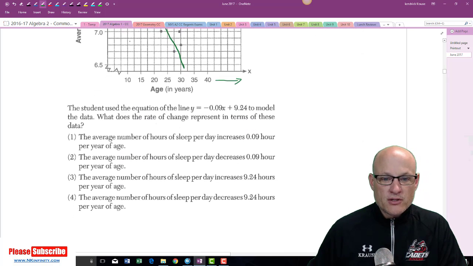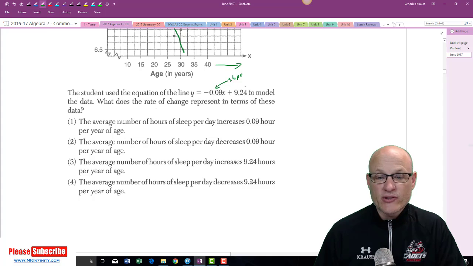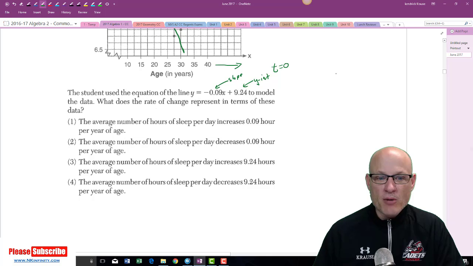All right. So this is our slope. Just kind of get you the idea what these things are. This is our Y-intercept. Now the Y-intercept represents the hours of sleep at birth, basically, at time equals 0, which really can't have time equals 0, but I guess it's that second when you just are born.